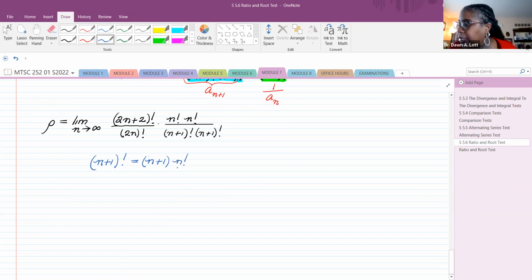So that's going to give us that n factorial over (n plus 1) factorial is simply 1 over n plus 1.